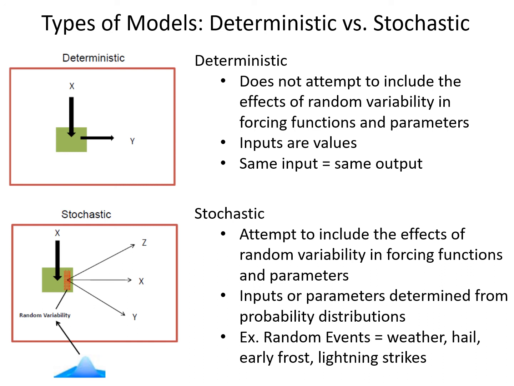Well, you could just use the mean, or you could also run the model several times using multiple iterations with different values of that parameter and see how the output changed. This is also a way you can incorporate random events like weather, hail, frost, lightning strikes. See if their presence and absence and timing actually make a difference on the output of your model.